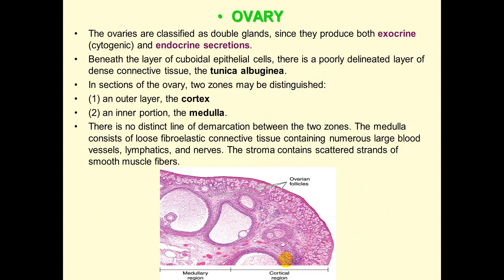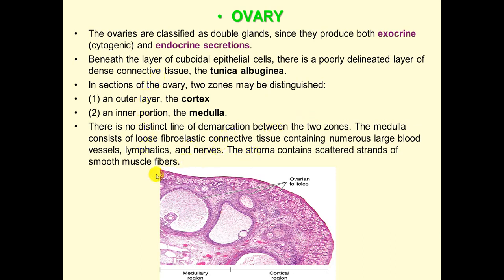So let's talk about the main organ of the female reproductive system, the paired organ called the ovary. The ovary has a dual function, like the testis. First of all, the exocrine function, production of the female sex cells, and endocrine secretion, production of female sex hormone.